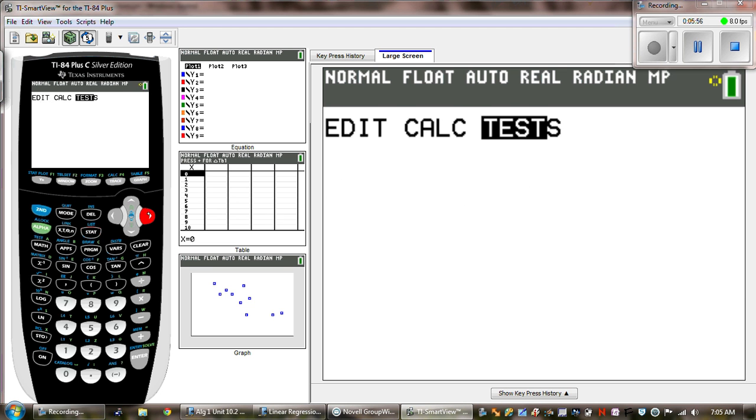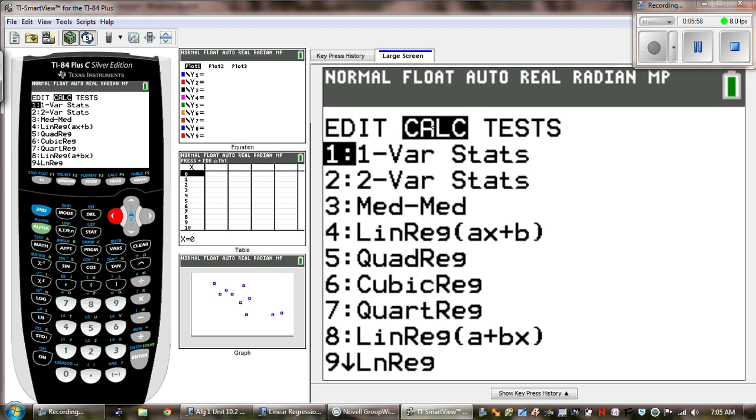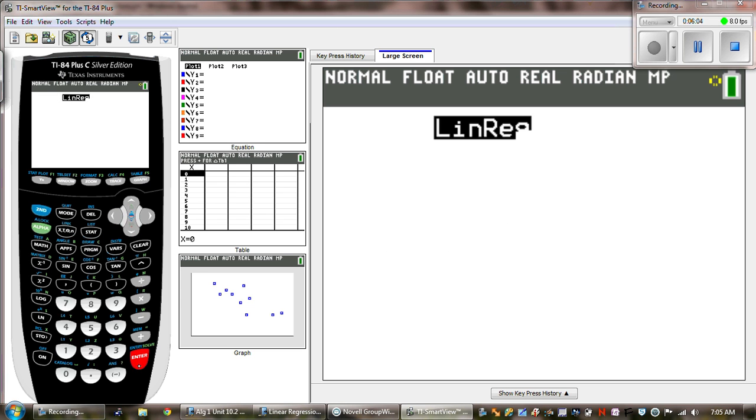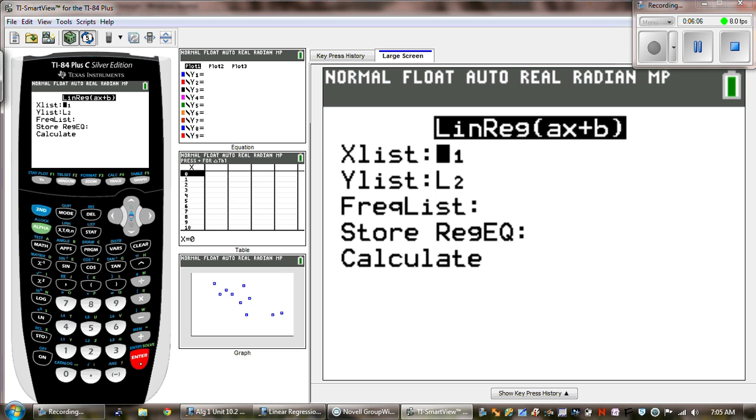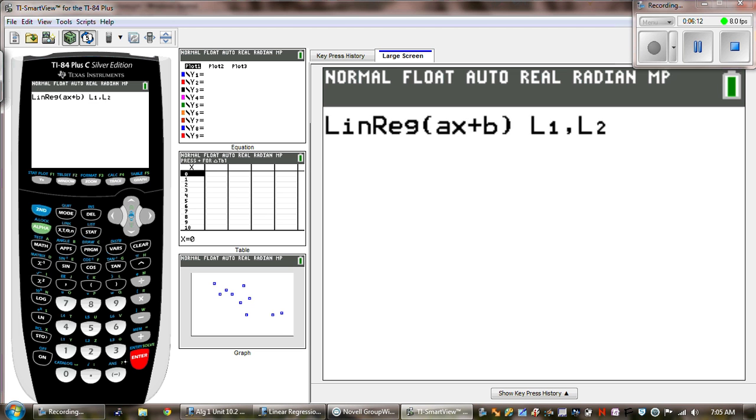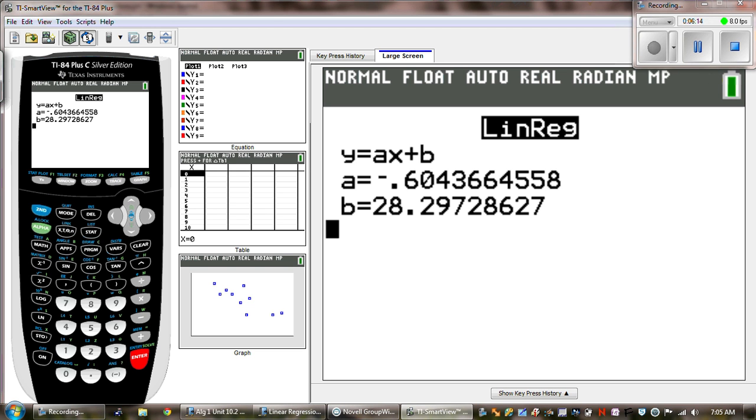I'm going to switch over to Calc, which is up on the top, and I'm going to go down to LinReg, ax plus b. Okay, and then I'm going to go down to Calculate, just hit enter. And there's my equation. And this is where we have to round to the nearest hundredth, the second decimal for both of these, okay?